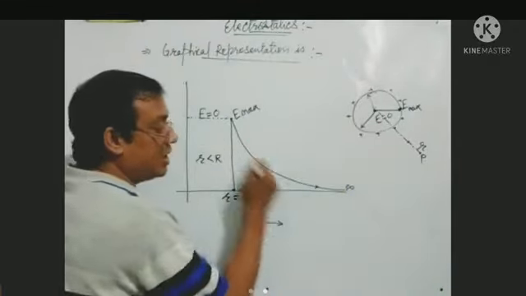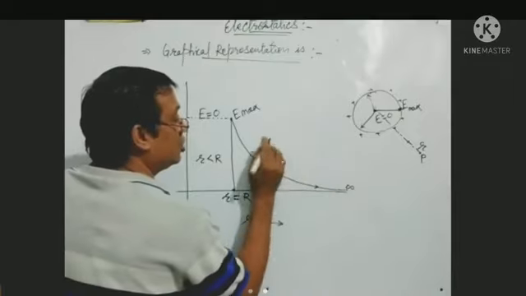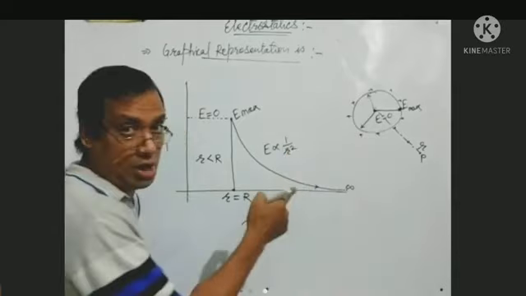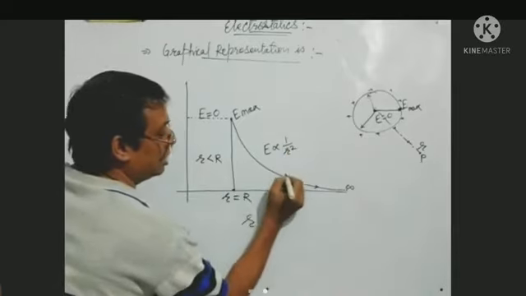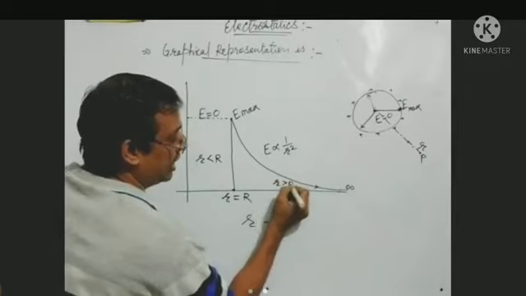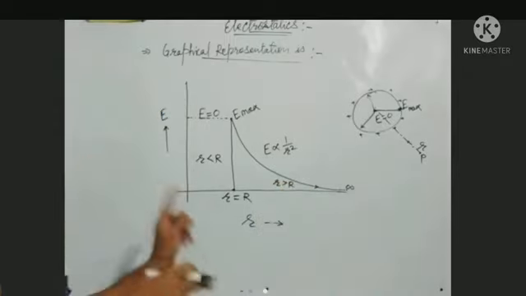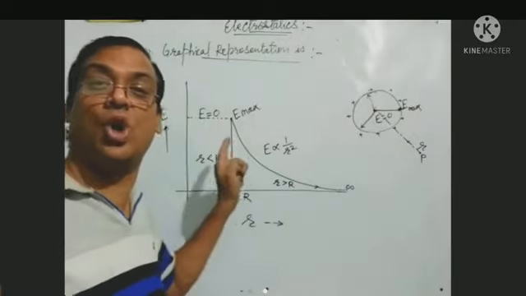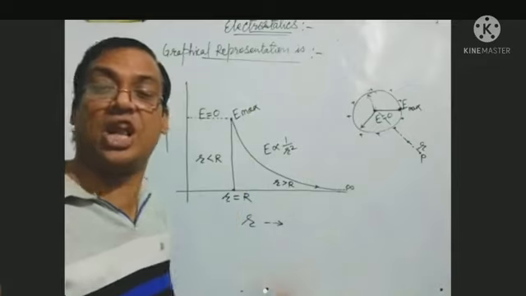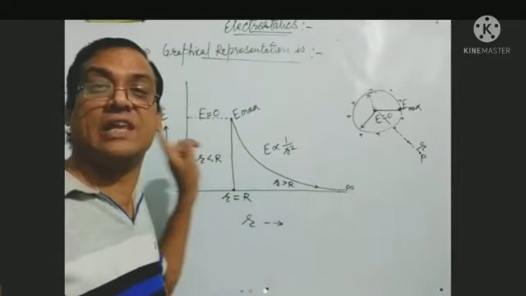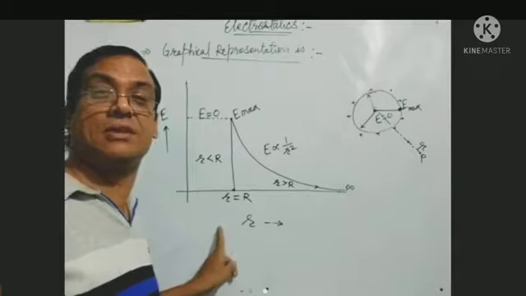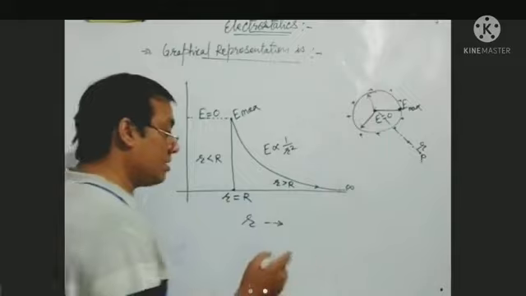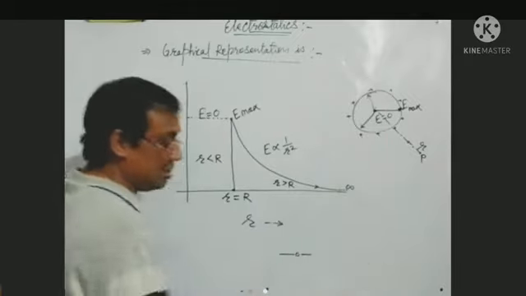So its value would be decreasing, and this can be given as E inversely proportional to r square, provided small r is greater than capital R. Students, in this way, we find the graphical representation for the charged shell as far as electric field and distance are concerned. In this way, we have finished this entire part of electrostatics 1. Okay, thank you.